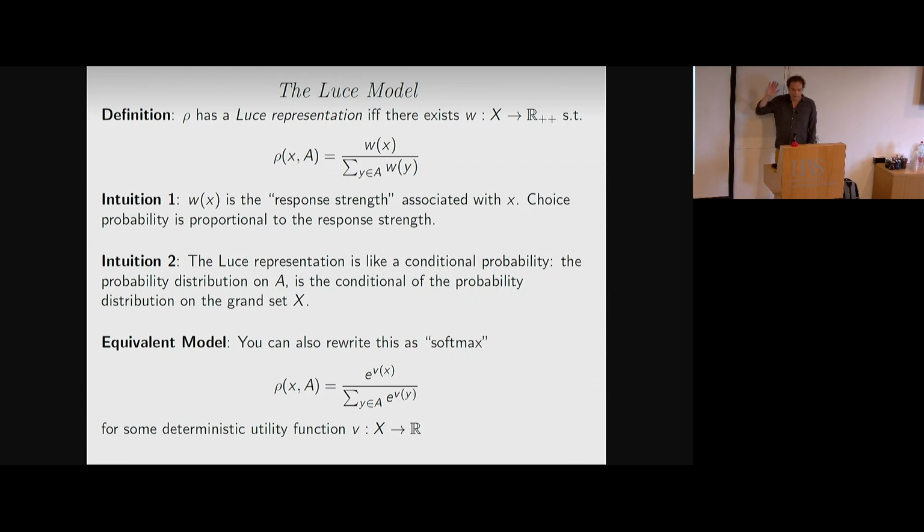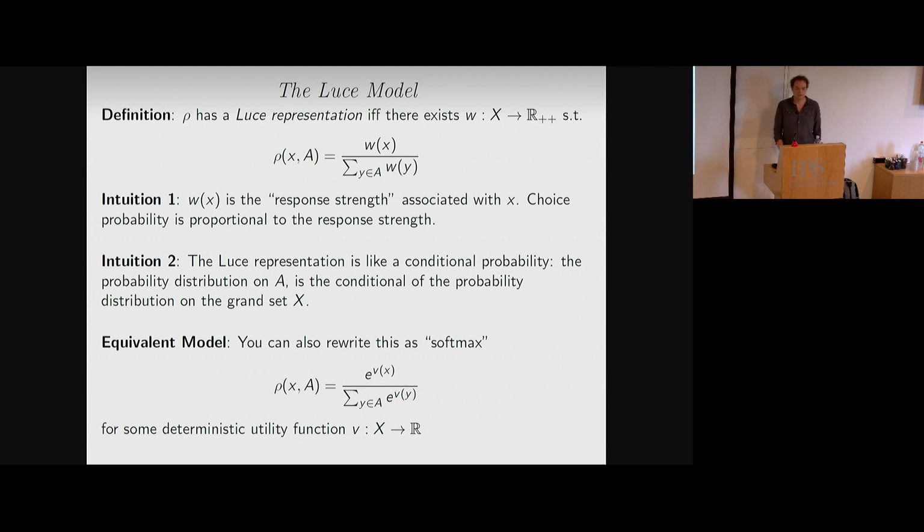Yet another kind of animal is what's called the Luce model, the Luce representation. Rho has a Luce representation if there exists some function W, kind of like a utility function, but not really, because it's allowed to take only strictly positive values, and the choice probability of x is proportional to W of x.